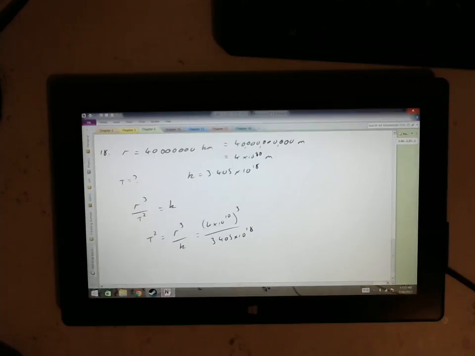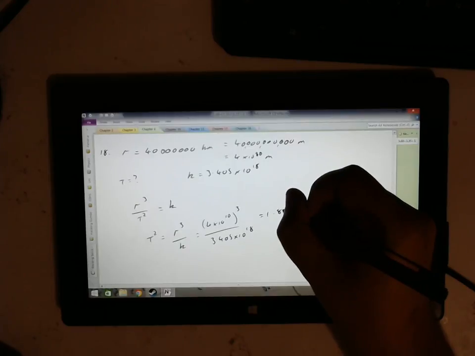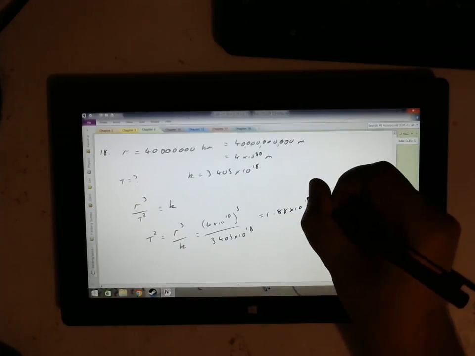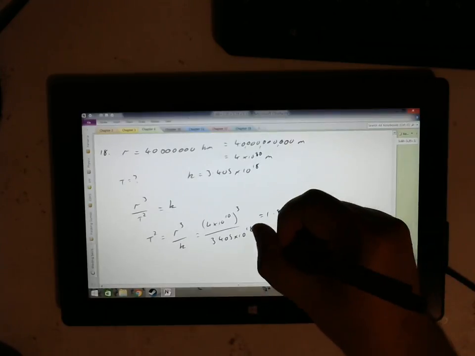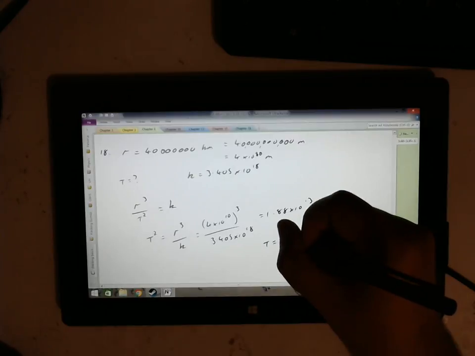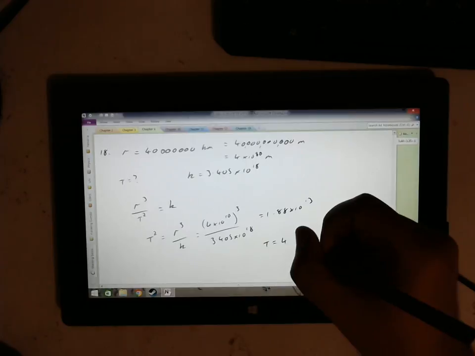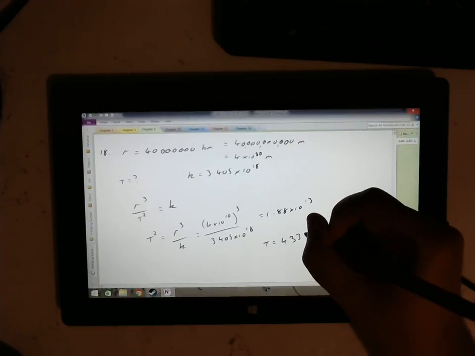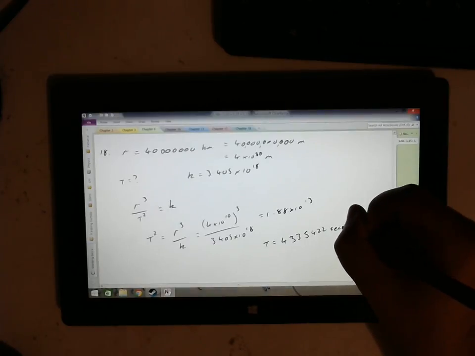Now we're going to divide that by 3.405 times 10 to the power of 18, and that equals, as I suspected, 1.88 times 10 to the 13, and we want to take the square root of that. We get that T equals 4,335,422 seconds.